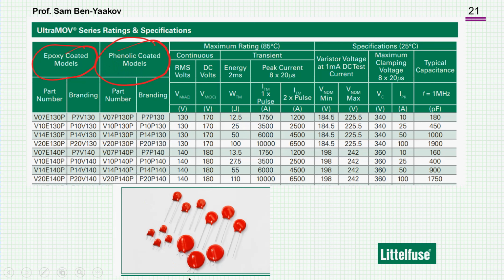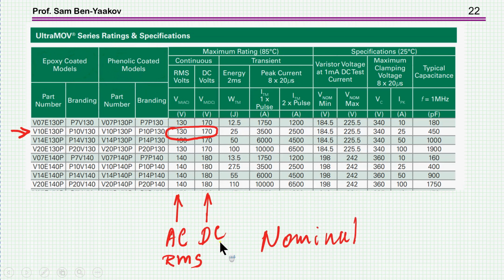They have different temperature and flaming features, so I'm not going into this. And then here is the voltage for which this particular device is intended: 130 volts RMS or 170 DC. This would be like a US line, so this is for this purpose.